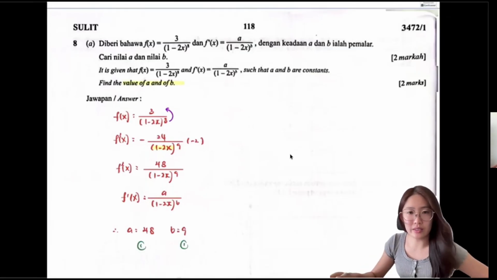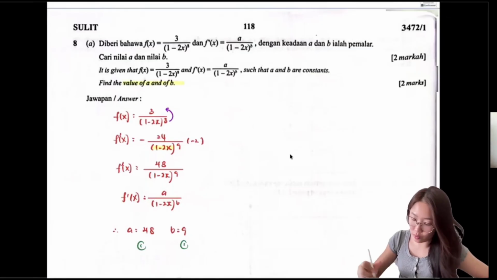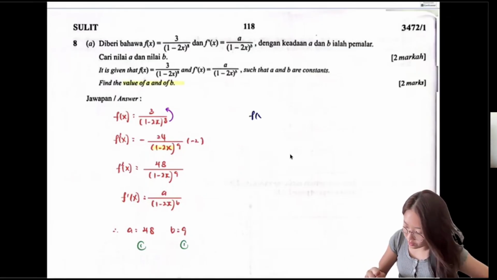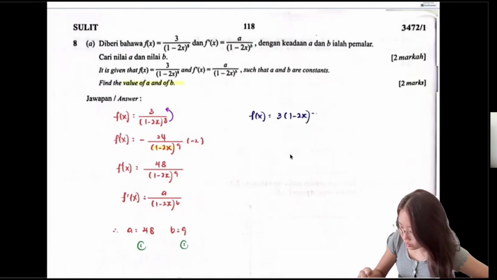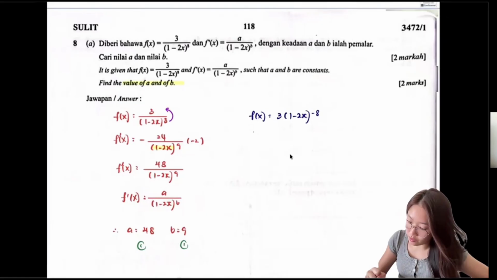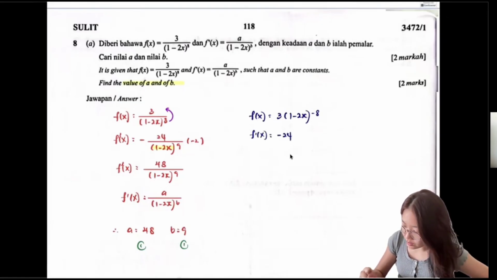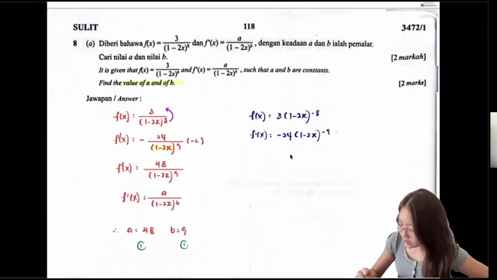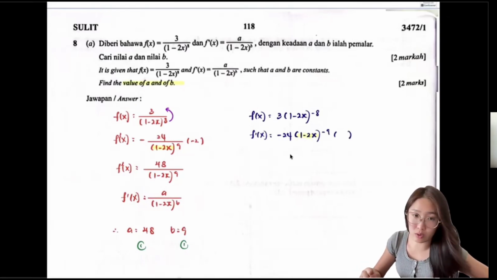Of course, there is another way to differentiate it if you don't remember this formula. Let me show you another way. First, you bring the whole bracket up. Power 8 becomes negative. You use the normal differentiating way. Negative 8 multiplied to the front becomes negative 24, and then power minus 1. And then open up a bracket, you differentiate this. A lot of students keep forgetting doing this.